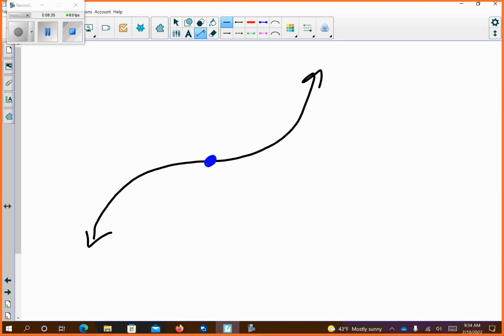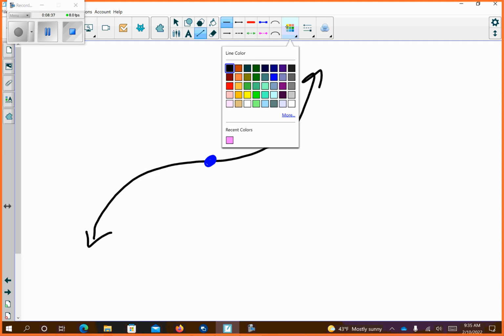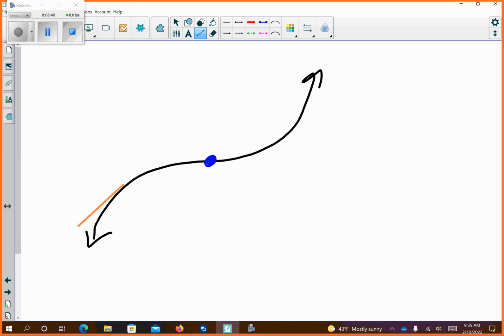And what it means when I'm doing my tangent lines, let's do them in orange. So these are all tangent lines. There gets to be a point at that dot where my tangent line flips to the other side of the line.